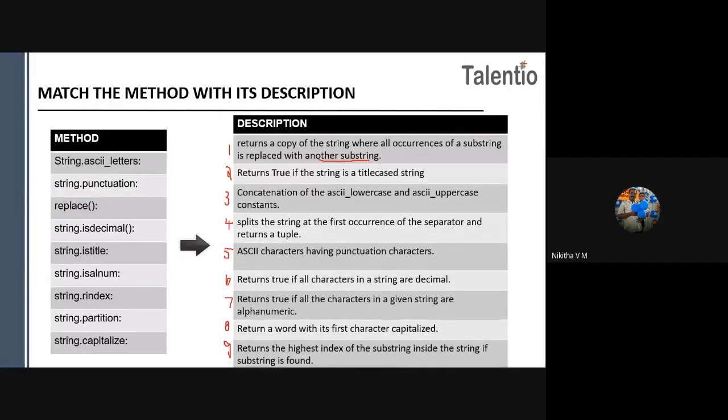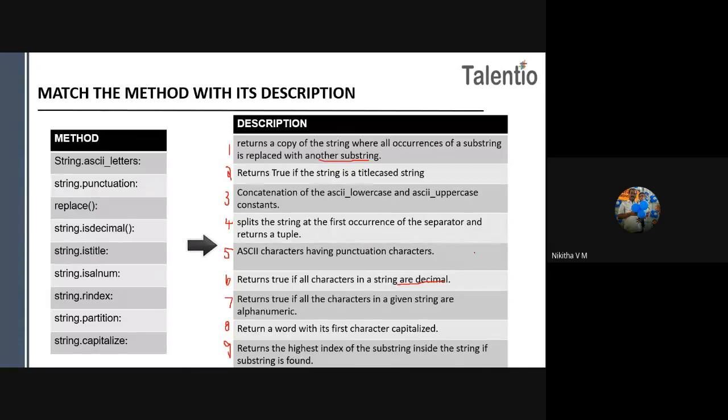Okay. How about isdecimal? 6. Yes. So returns true if all the characters in the string are decimal. Okay. If all of them are decimal, it is going to return true. Alright. How about title? 2.